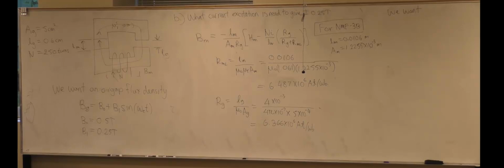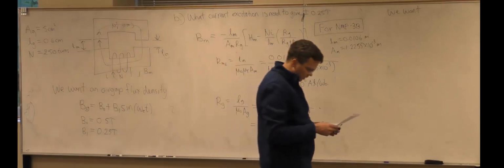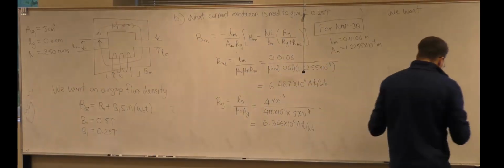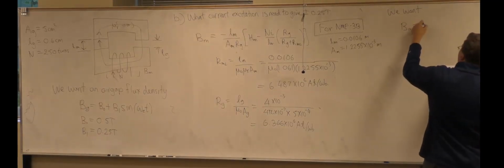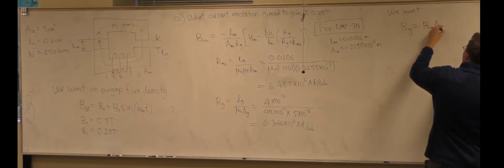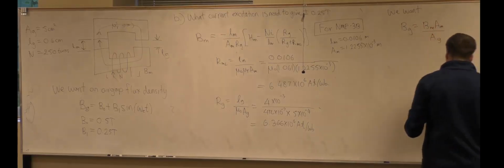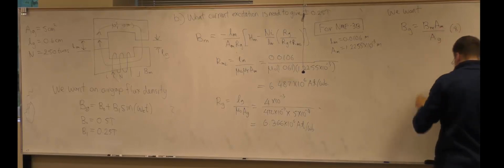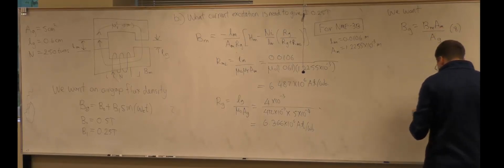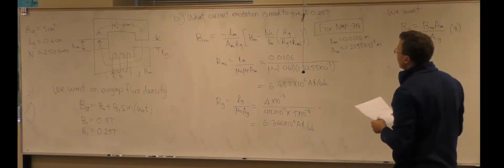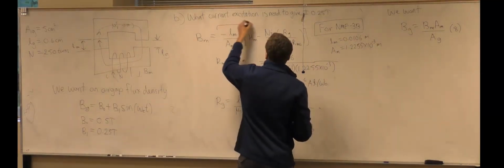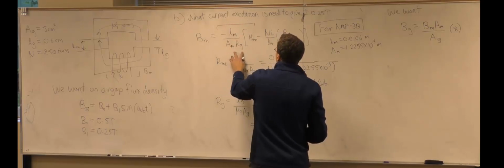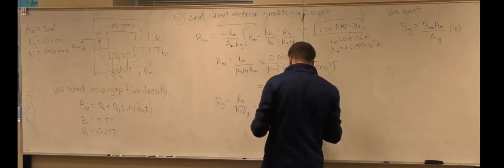Did I? Here it is. Okay, sorry. All right, so we want Bg to be equal to Bm Am over Ag, right? Equation 8. So if we look at this here, the first part is the DC part, and the second part has got the current excitation in it.